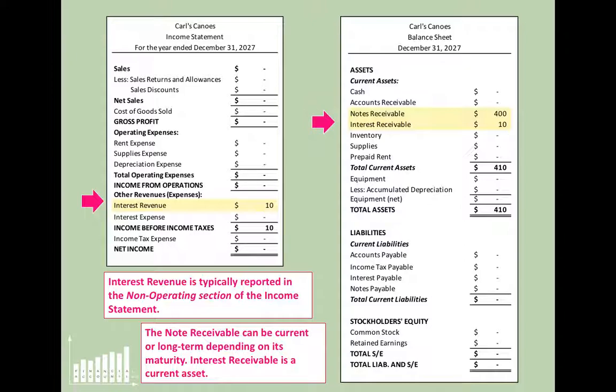Interest receivable is always going to be reported in the current asset section, because it's typically going to be due before a year goes by. So we have interest revenue from the note, we have the note, and we have the interest receivable from the note, all impacting our financial statements.